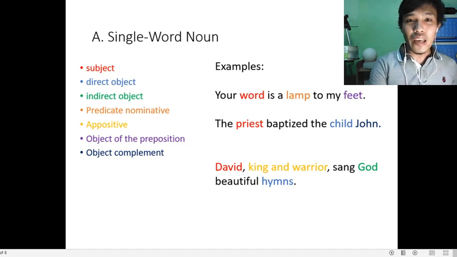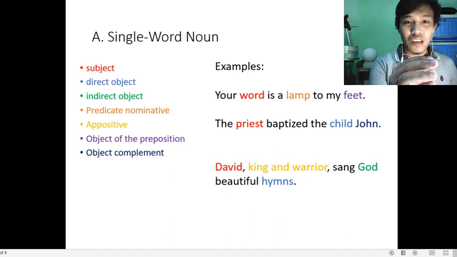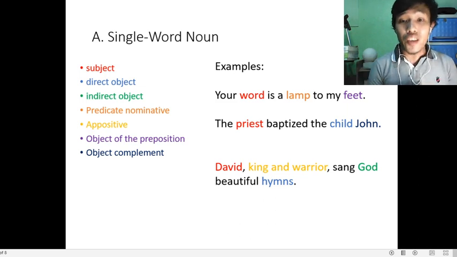I know that you can easily see it because it's color coded. This is color coded, so you can easily see the example for each function.